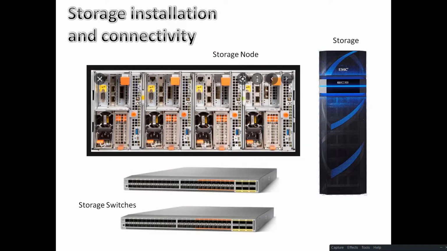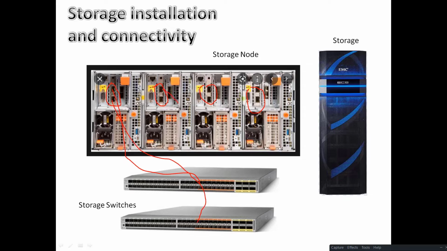Let's go to the next slide. After connectivity with InfiniBand, we have to connect our storage with the storage switches. The same node has 2 fiber ports. Each fiber port we will connect, same as before: the first port to the first switch and the second port to the second switch.